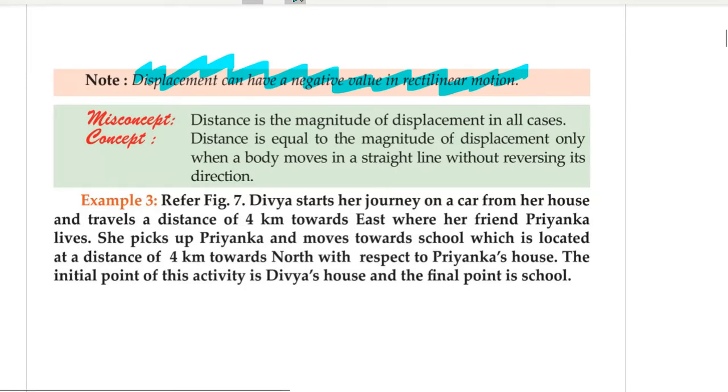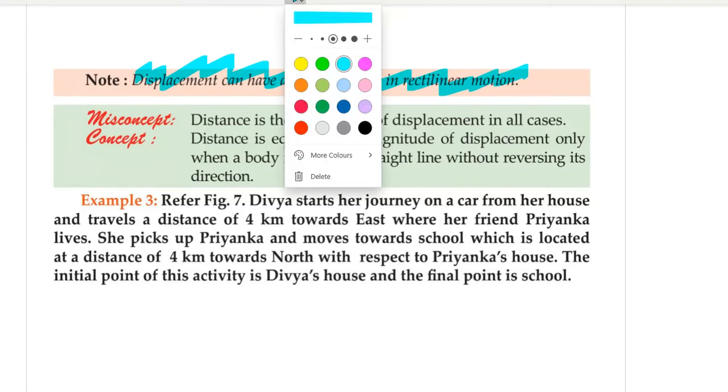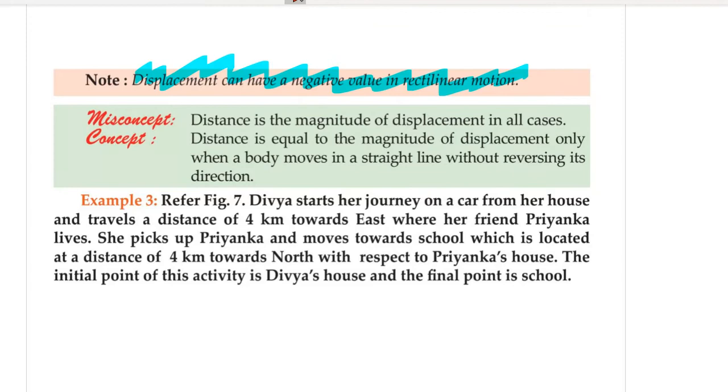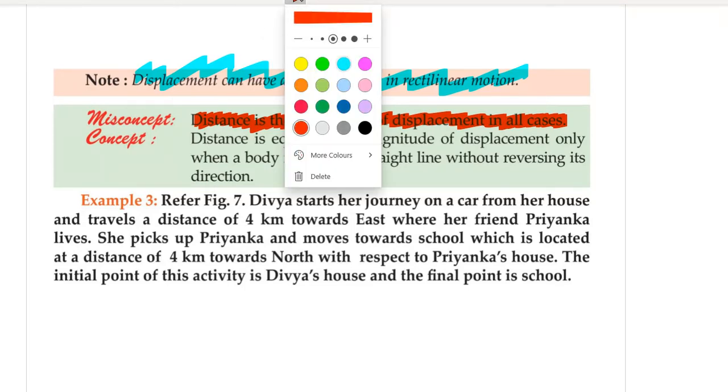Okay, there is a misconception. What is the misconception? The misconception is that distance is the magnitude of displacement in all cases. Means the magnitude of distance and displacement is always the same. That is a misconception. That is wrong. What is the right thing?